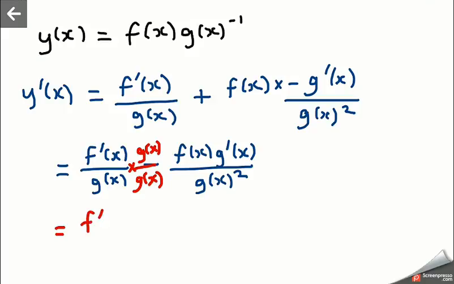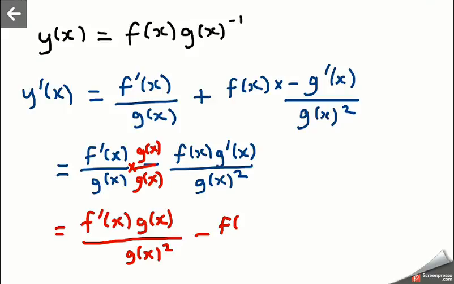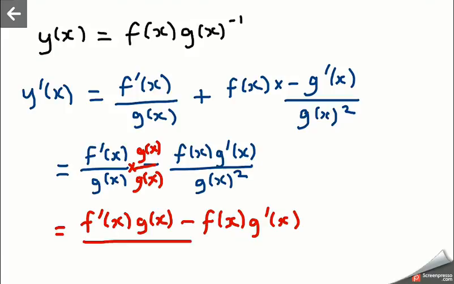We get f prime of x times g of x divided by g of x squared, minus f of x times g prime of x divided by g of x squared, which was the whole point of doing that. So we can write this as f prime of x times g of x minus f of x times g prime of x, divided by g of x squared.